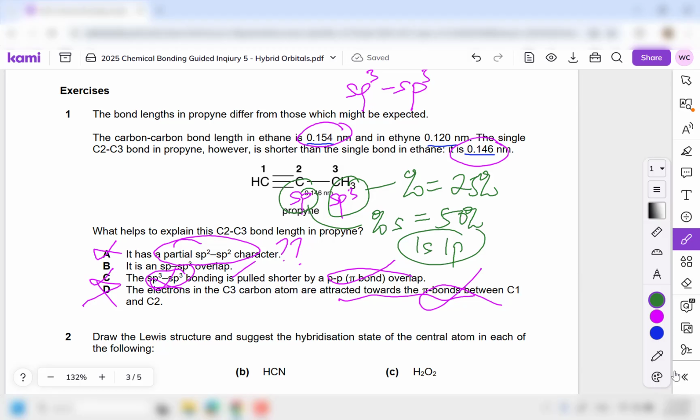Since the electron density in the sp hybrid orbital is closer to the nucleus, that also means that when they form a bond, the electrons shared between the two carbons, in this case sp and sp3, will be slightly closer to the nucleus because it's more strongly attracted, as compared to sp3-sp3 in ethane.